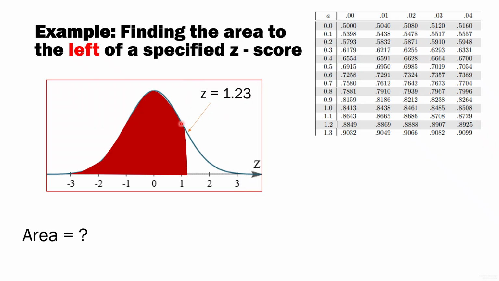This Z score is 1.23, so we denote that here, and it's the area going to the left of it. So how do we solve that? If you look at your Z score of 1.23, we go into the table and go to 1.2, and then we go to 3, and match it up here, and we get an area of 0.8907.